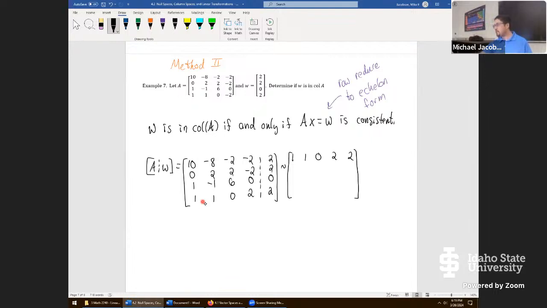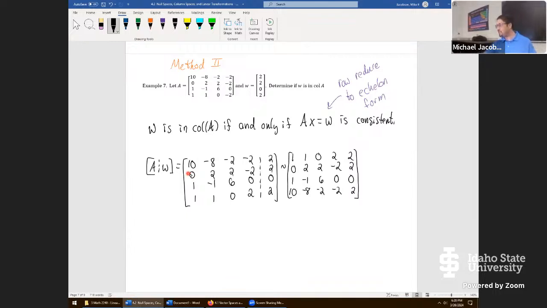Row 4 is 10, -8, -2, and 2. And I'm not sure if there's a big benefit to switching these two, so I'll just copy them in just as they are. So 0, 2, 2, -2, 2, and then 1, -1, 6, 0, 0.